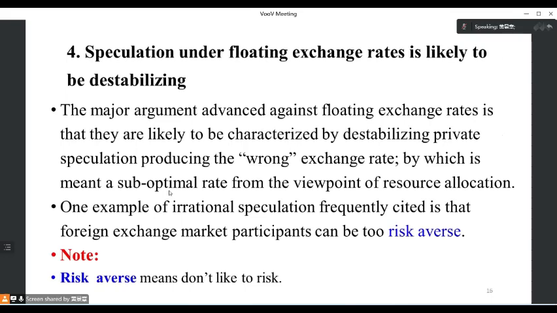Speculation on the floating exchange rate is likely to be destabilizing.